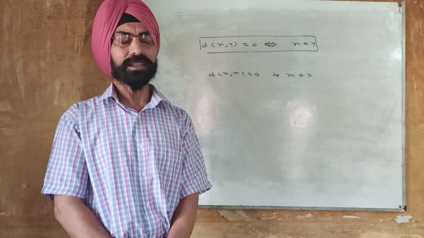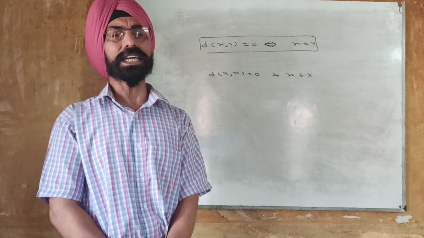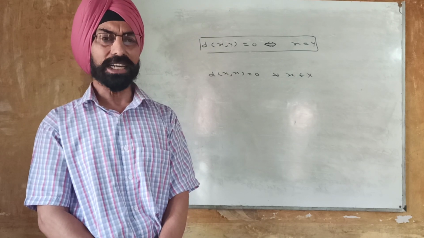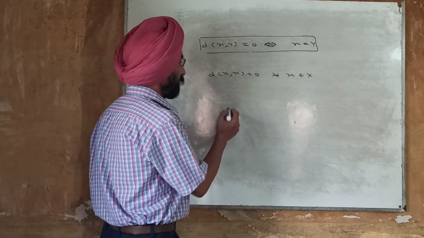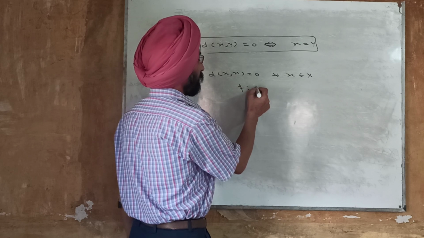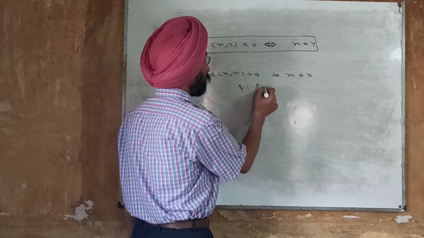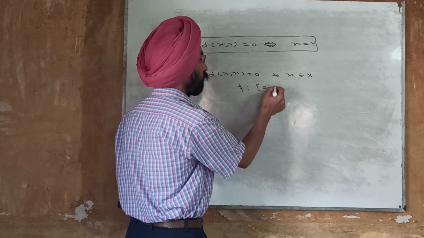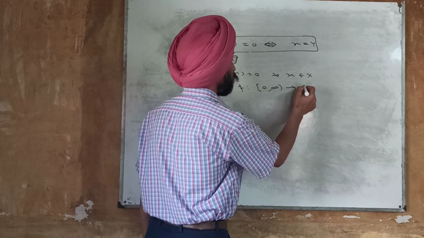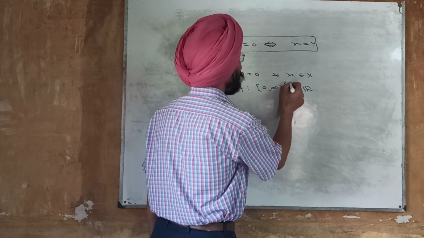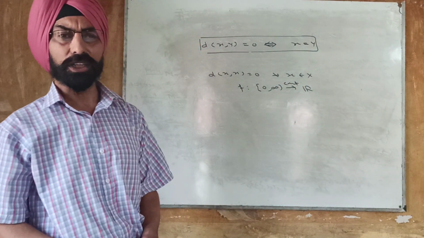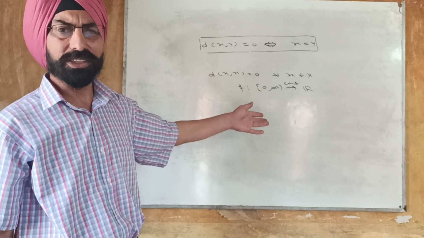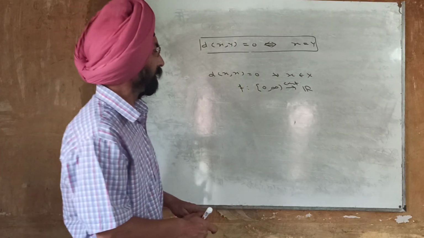Suppose you take the set of all continuous functions from the closed interval [0, 1] to the set of positive real numbers. So let f be a function from 0 to infinity to R, and we consider it to be a continuous function. You can change it to even [a, b].